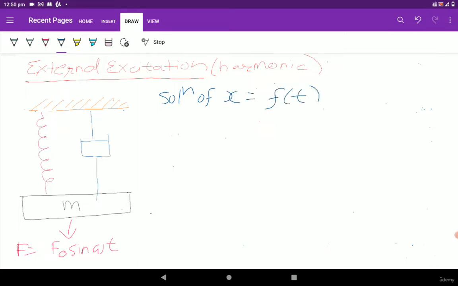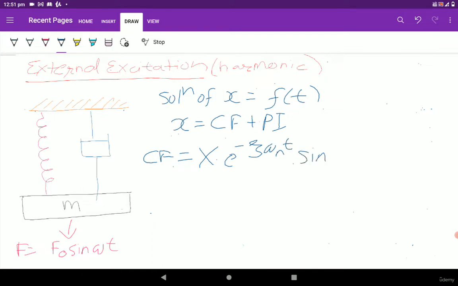So x is equal to complementary function plus particular integral. So let's calculate the complementary function first. The complementary function is equal to X e power minus zeta omega n t sine omega d t plus phi 1.